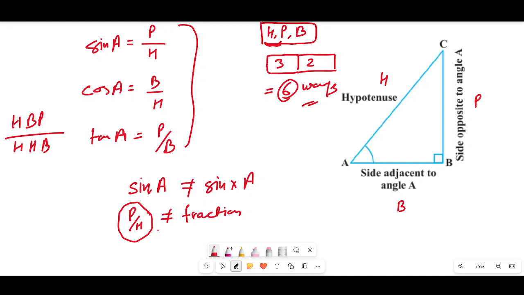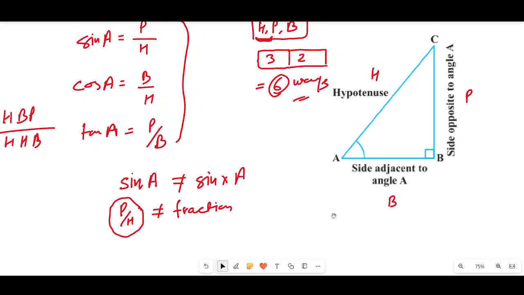Now, if you have a basic approach about ratio, a ratio is the simplest form of a fraction. Suppose we write 15 and 20, then we can write 3 by 4.